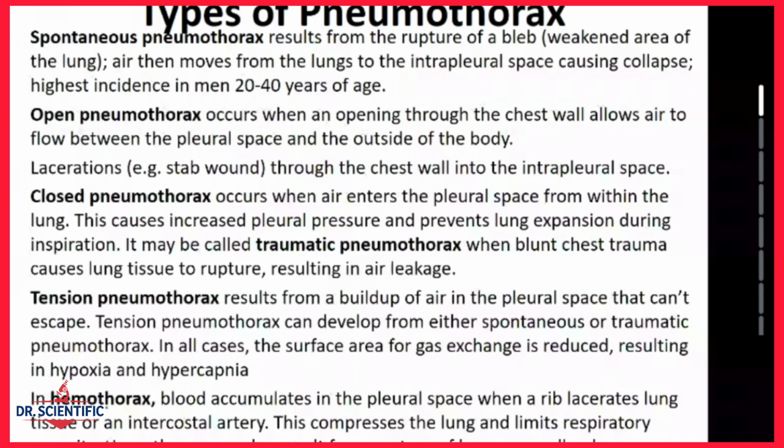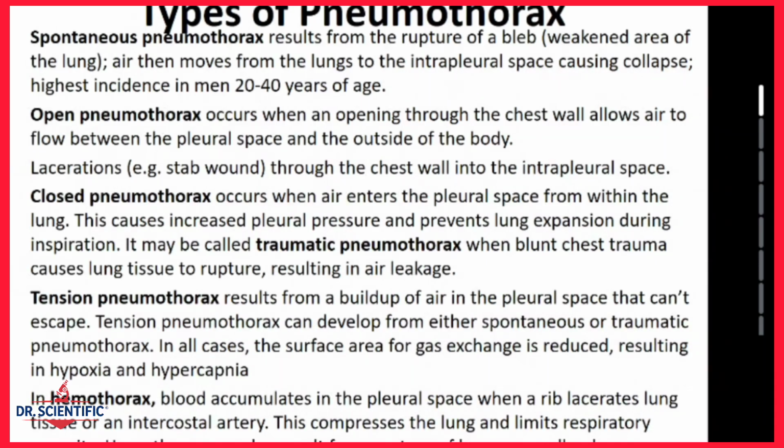Like in cases of lacerations, like a stab wound, one has been stabbed around the chest wall, and as a result of the stab, air gets in from the outside of the body into the pleural space, and that causes a shift in that negative pressure, and that leads to the collapse of the lungs.